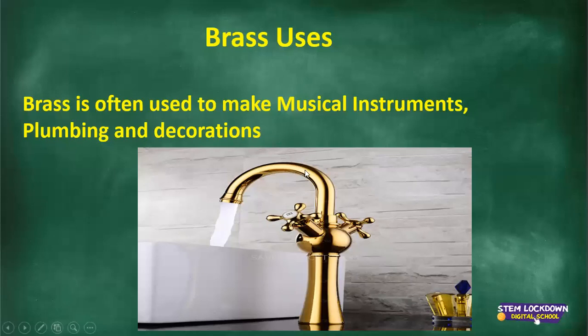And also some decorations because some statues are made from brass, okay? And the reason being is because it doesn't rust. It doesn't have the capacity to rust. Okay, so Sakura, there's copper, there's bronze, and there's brass, okay? So these are similar but have differences, okay?